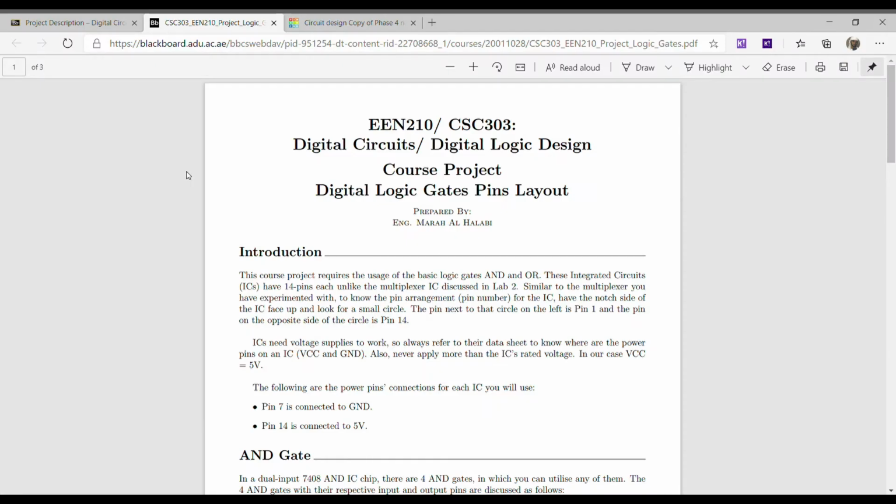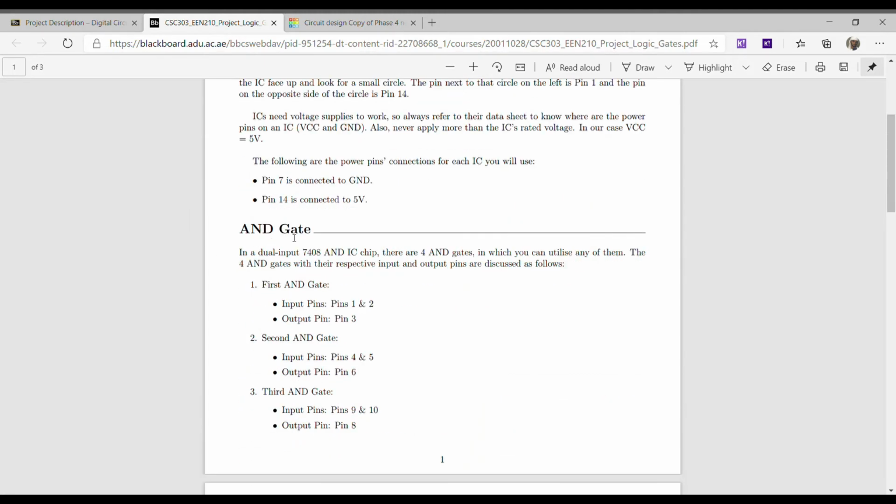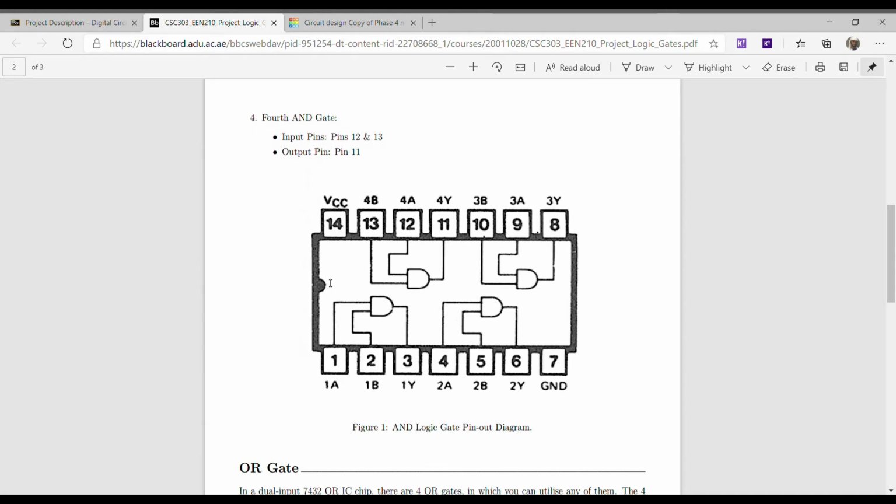Before moving to Tinkercad, because we will use two ICs in Tinkercad, and they contain AND gates and OR gates, we should understand the behavior of each one. When we move to the AND gate, we have the IC named 7408.